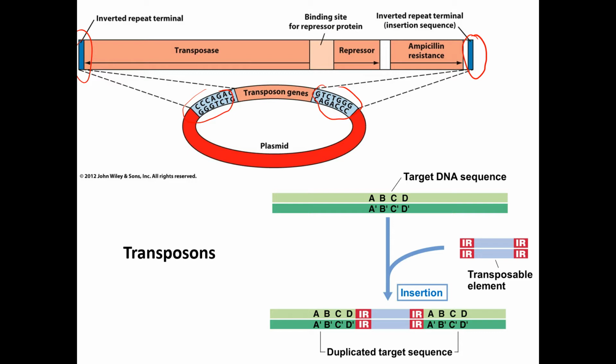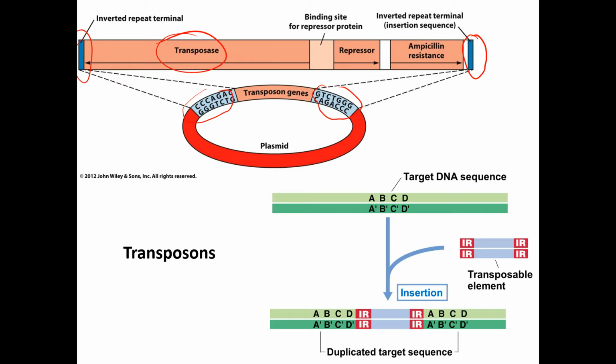All right, so this transposase gene is what allows it to basically insert itself and excise itself from the host cell genome. All right, so you have target sequence. You have one polypeptide of DNA, one strand, all capital letters, light green.